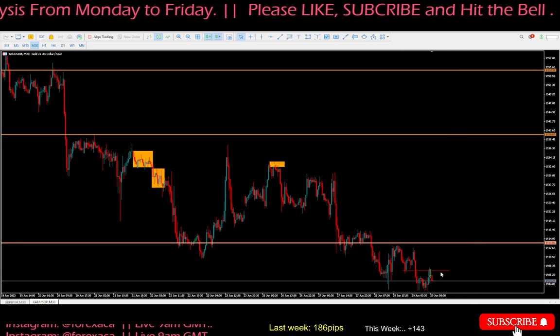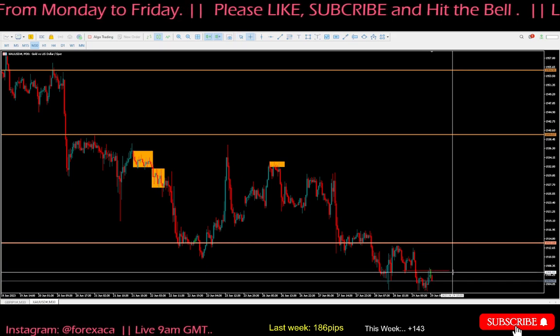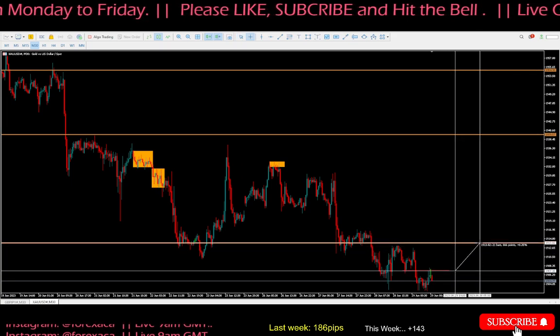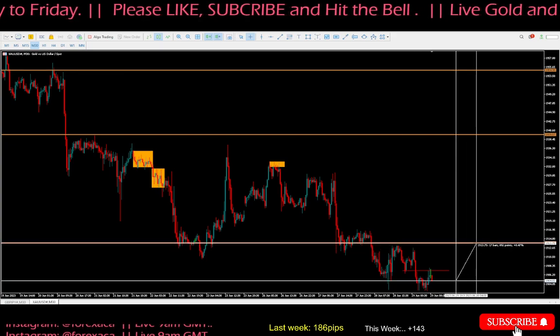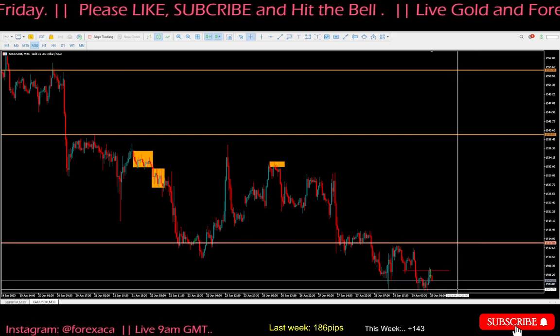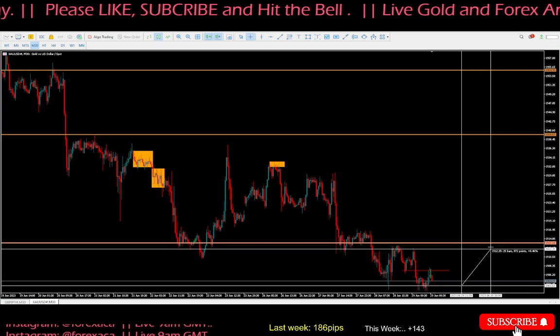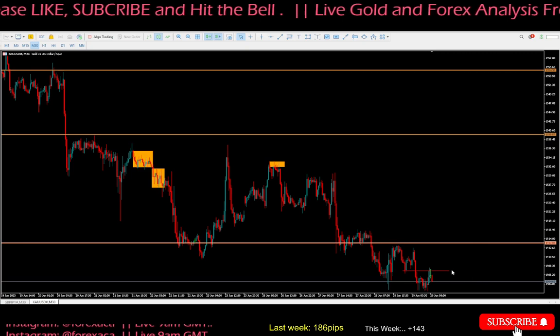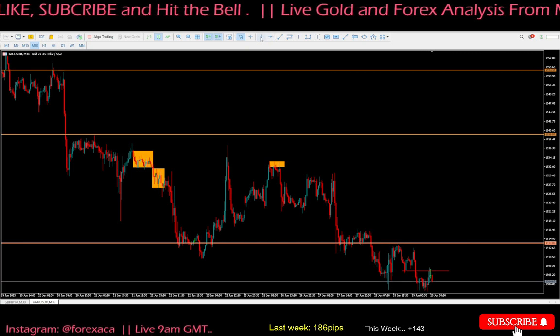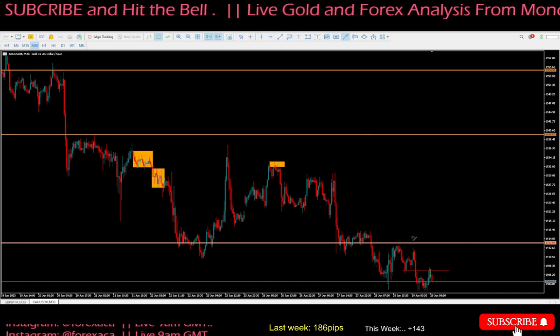Here probably I'll be looking for a 60 pip move, 80 pips, 100 pips move. I'm probably going to go for the 60.